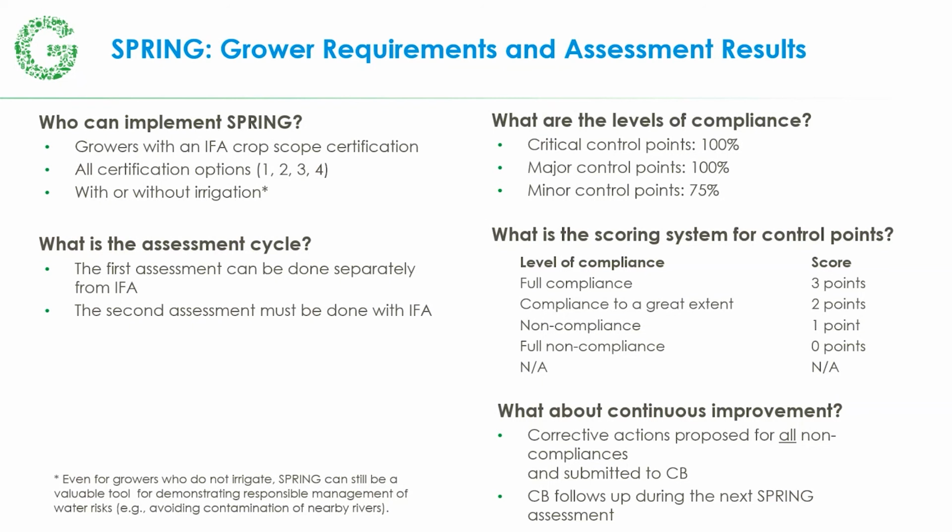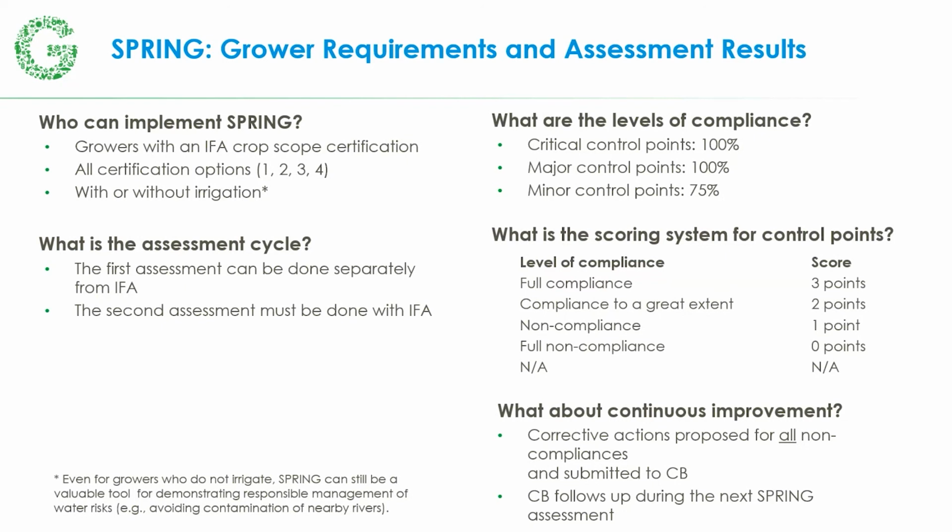Then in 3 months, they can ask for spring alone. But only the first year can be done separately. We recommend to do it together. Of course, it's going to be cheaper for the producer, but if it's not possible, the producer can do it separately. But the second one must be together.